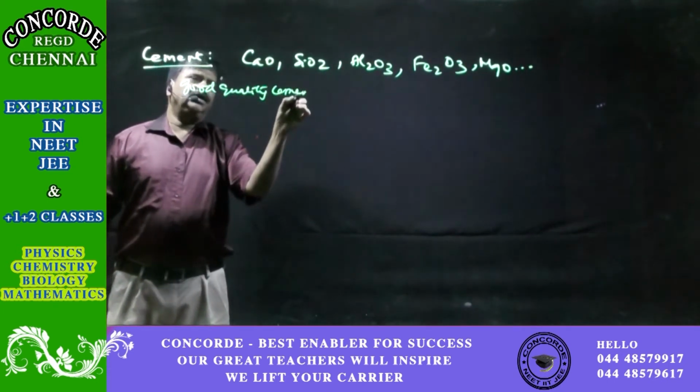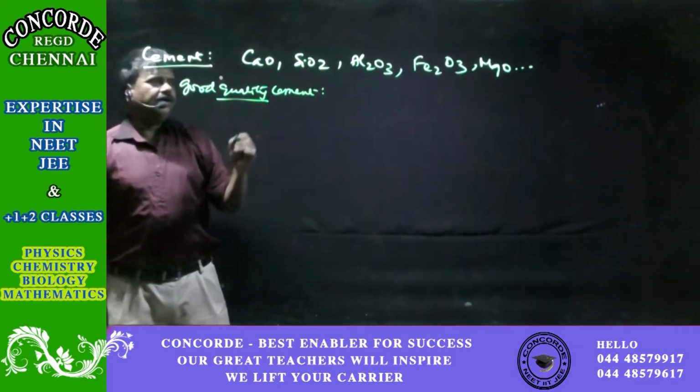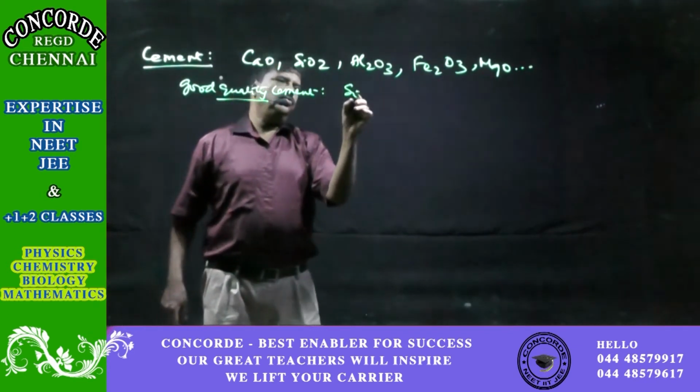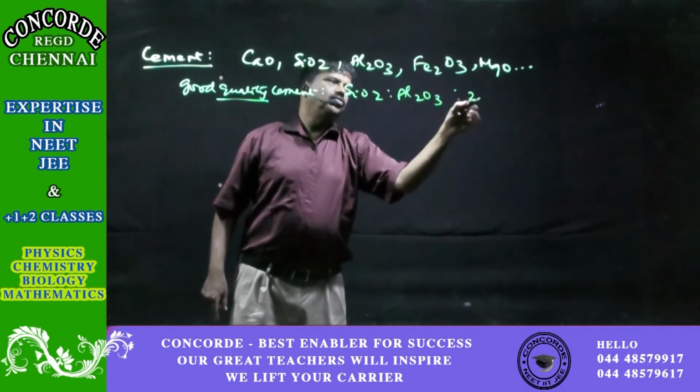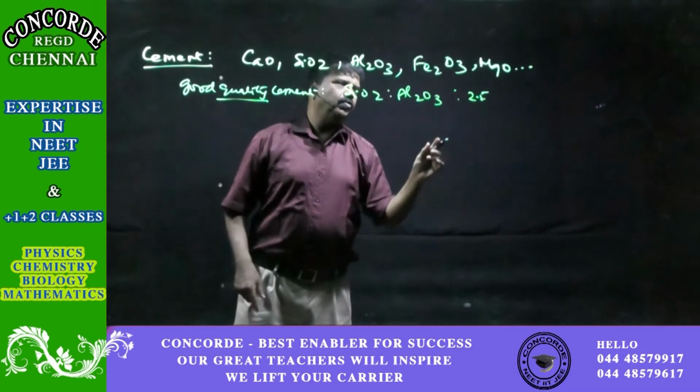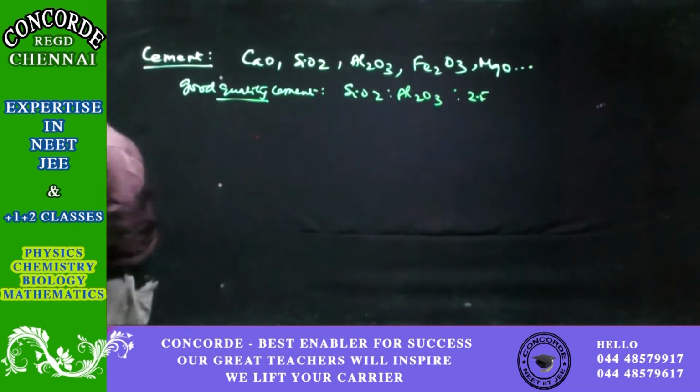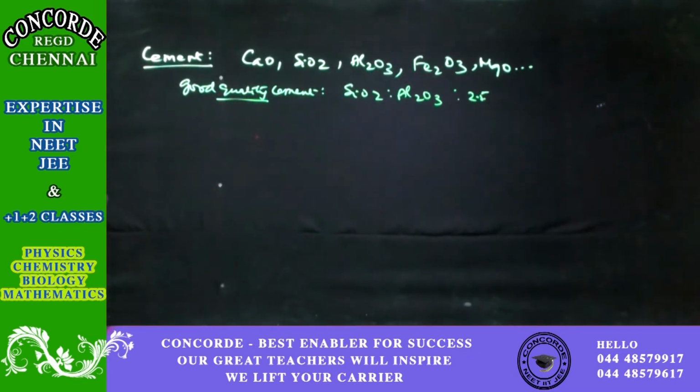Okay, so how cement is prepared is actually for a good quality cement. For a good quality cement, the ratio of SiO2 to Al2O3 should be 2.5:4.